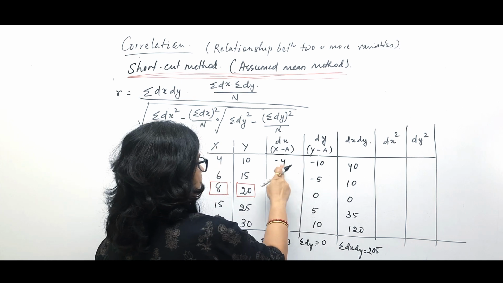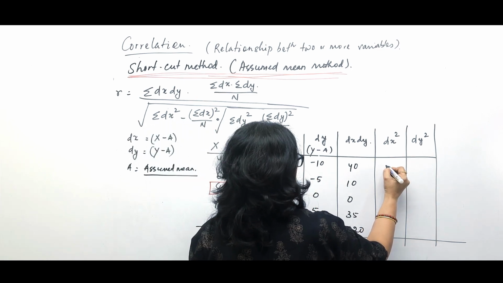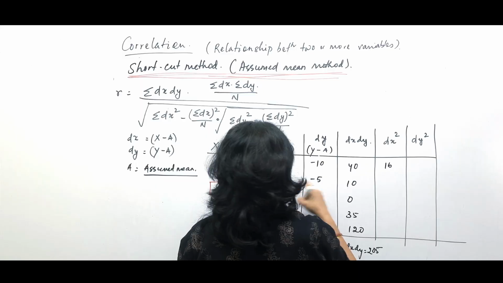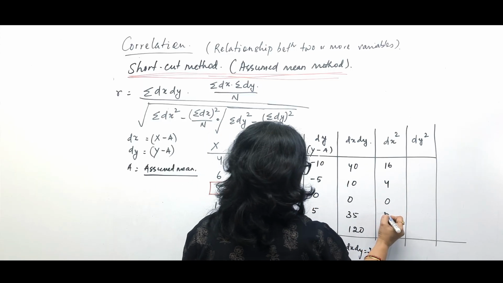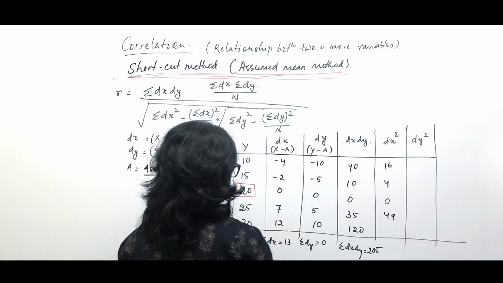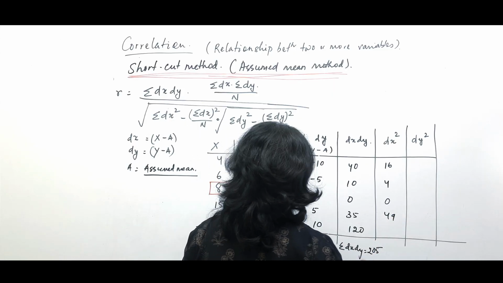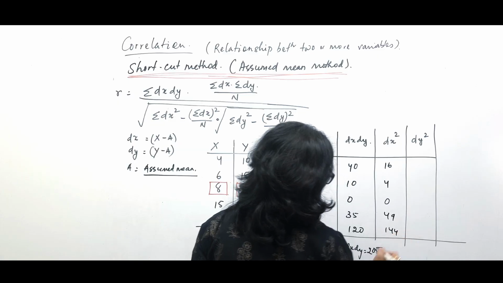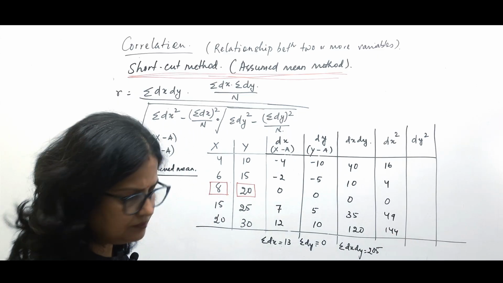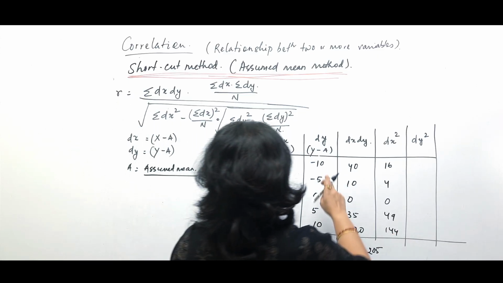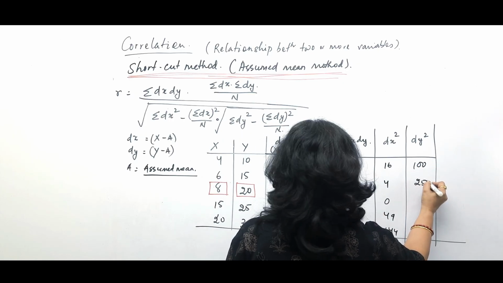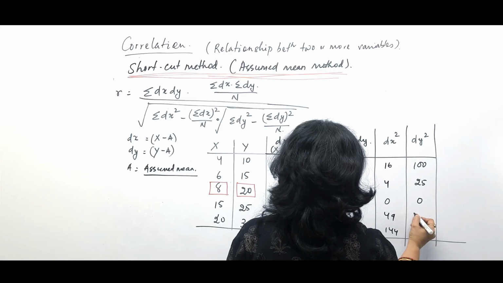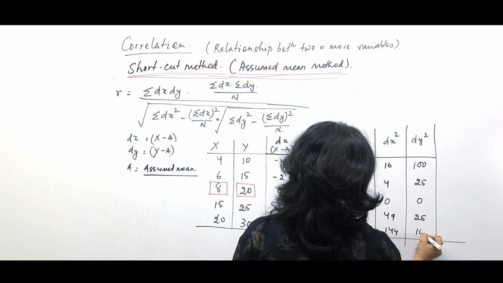Now we calculate dx square and dy square. Dx square: 16, 4, 0, 49, 144. Now for dy square: 100, 25, 0, 25, 100.